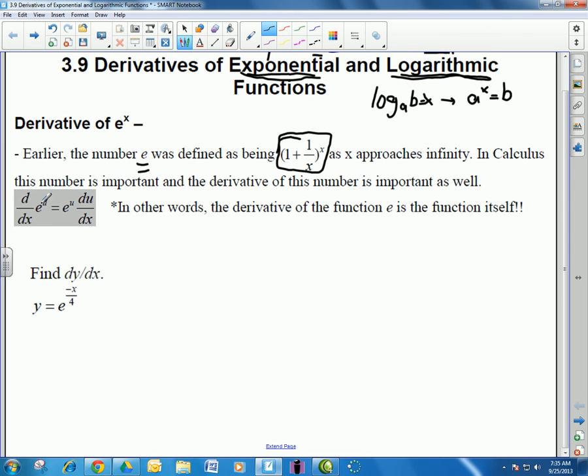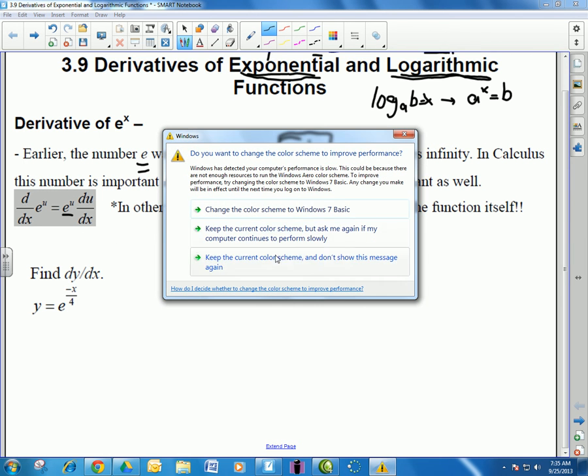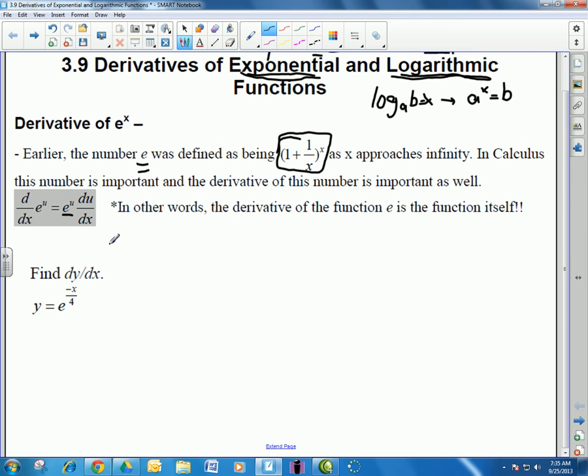Anyway, when you need to find the derivative of e, it's really, really easy. The derivative of e to the u is e to the u times the derivative of u. So you can write that in words if you need to. First of all, identify what u is, and that's negative x over 4. Then identify what the derivative of that is, so that's du over dx, and that's just negative 1/4.